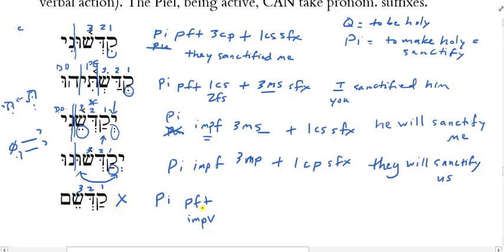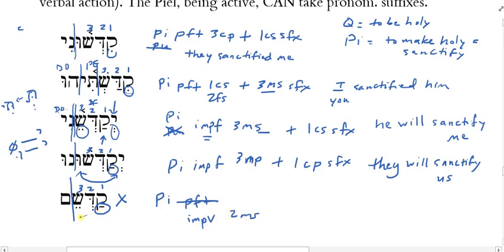How do I know whether it's the Piel perfect or the Piel imperative? I've got to look at the vowel with root 1. If it's the Piel perfect, what's going to be the vowel under root 1? It's got to be a hireq. It's got to be an I-class vowel. If it's an imperative, what's it going to have under root 1? It's going to have a patah. It's going to have an A vowel. Okay? So this has an A vowel. So this is the Piel imperative. And then I have no personal ending, which means it's 2MS.